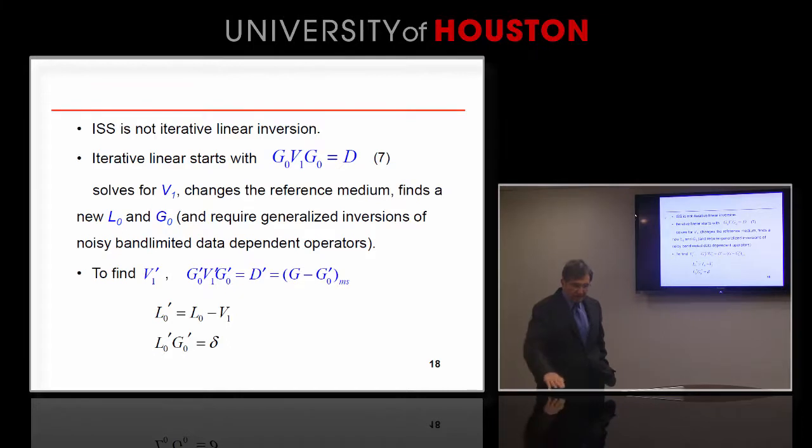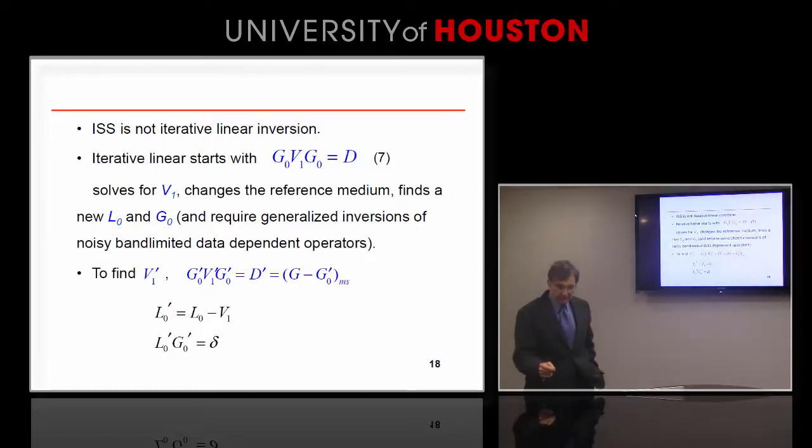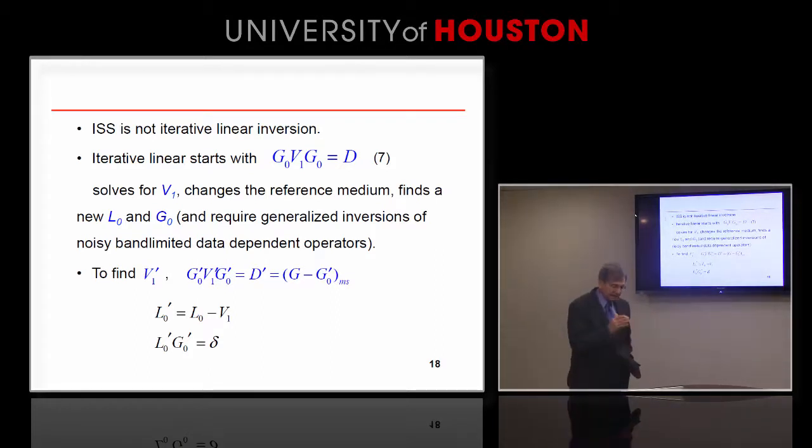Just take acoustic 1D normal incidence and look at what ISS does for finding the change in velocity at the top of a solid compared to iterative. They don't agree, and the inverse scattering series always converges, and the iterative linear does not. So they're not equal, even for the simplest case where you're not in an elastic world.